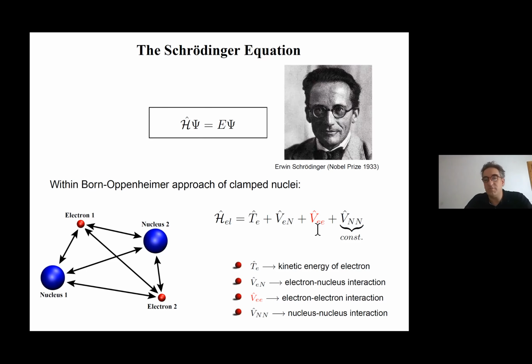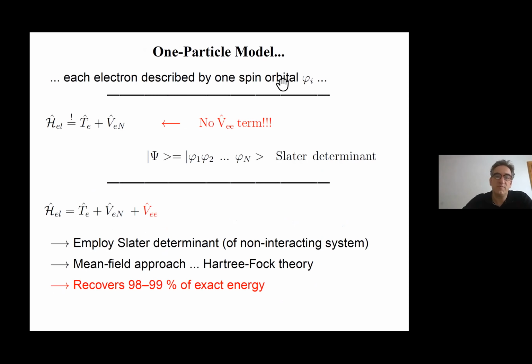If that term didn't exist, then of course I wouldn't be giving this talk, because the Schrödinger equation would be exactly solvable. But of course it exists. But let us assume first that we neglect the term. So we focus on the electronic Hamiltonian with just the kinetic energy of the electrons and the electron-nuclear coupling, so no electron-electron interaction term.